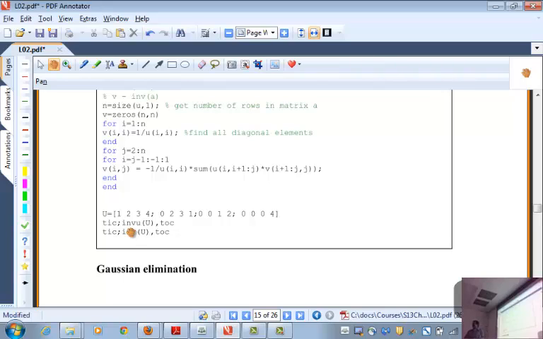Okay, so what would you expect if I ask you which one should take less time? The function that we wrote in inv_U, or the function built in, inv? Any ideas?